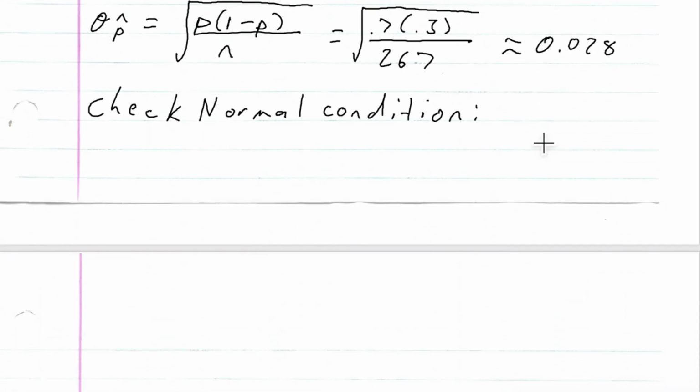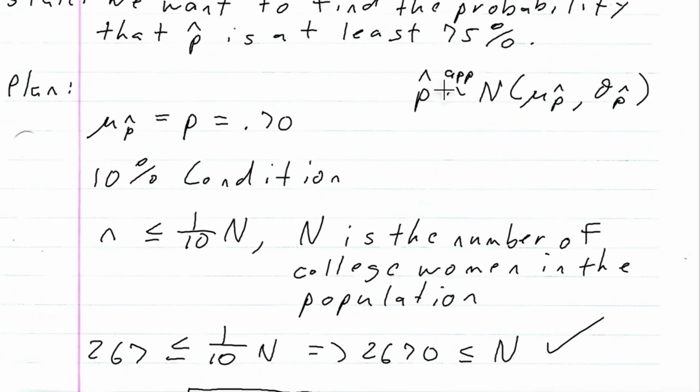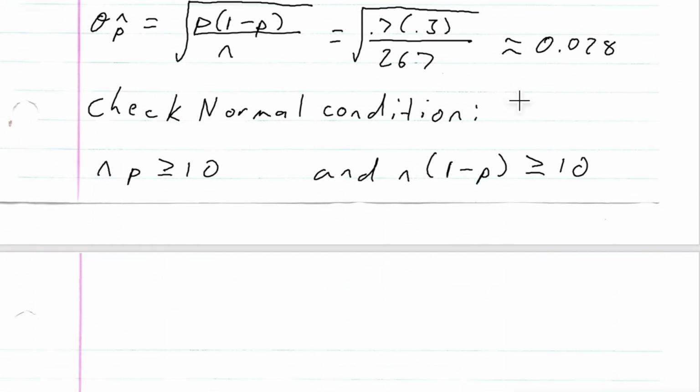The normal condition is that n times p has to be bigger than or equal to 10, and n times 1 minus p has to be bigger than or equal to 10. If these two are satisfied, then we know our p hat, our sample proportion, is approximately normal.